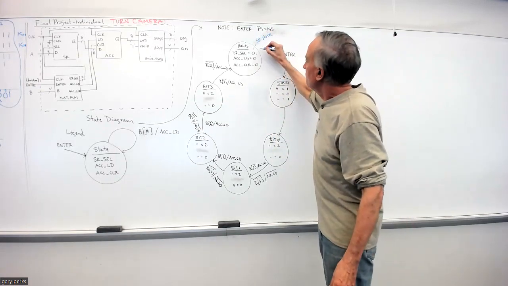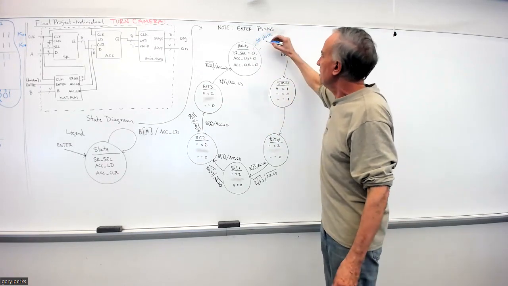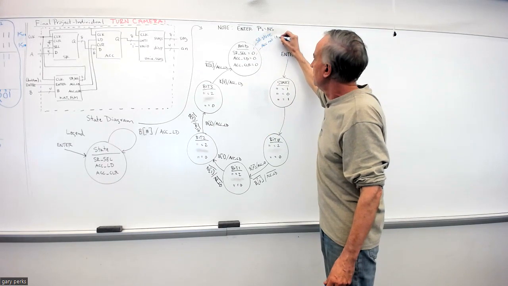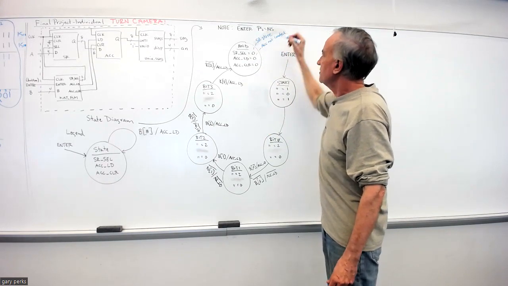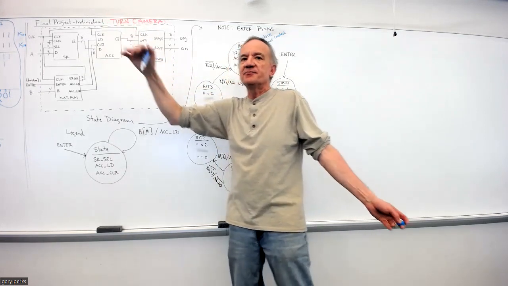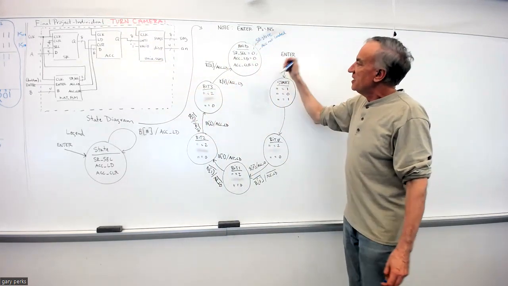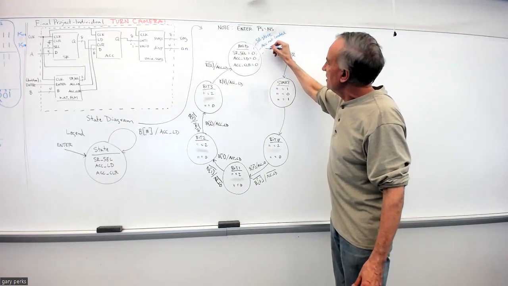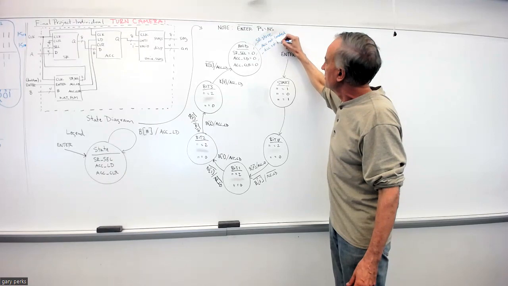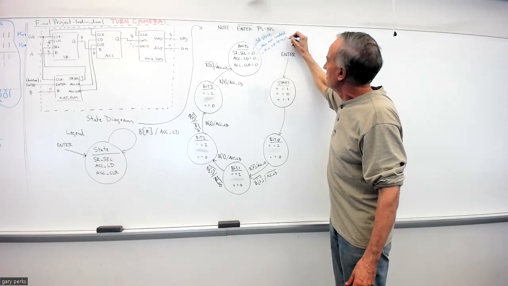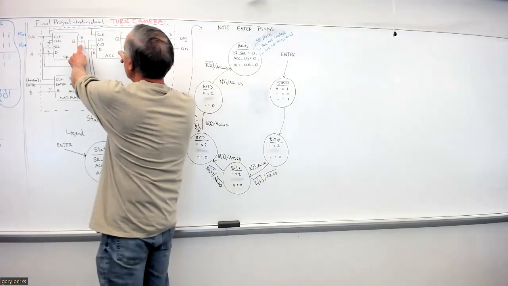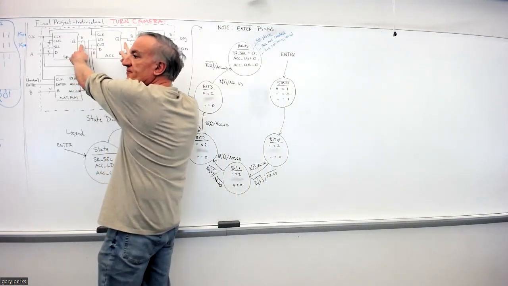And when accumulator load is a 0, the accumulator is not being loaded, so the Q output of the accumulator is just going to remain whatever it was. And accumulator clear being a 0 means that in the hold state, the accumulator is not being cleared. So again, in the hold state, both these outputs just keep their previous values.